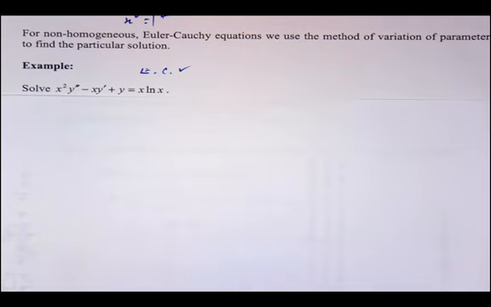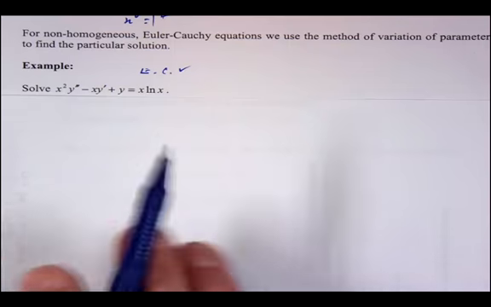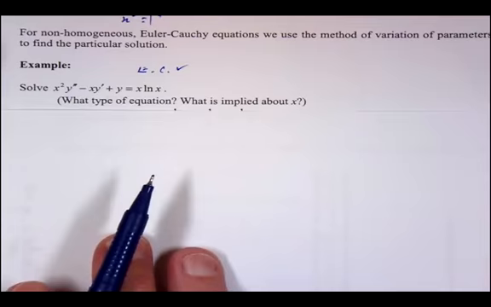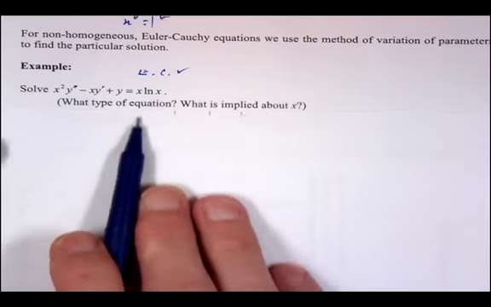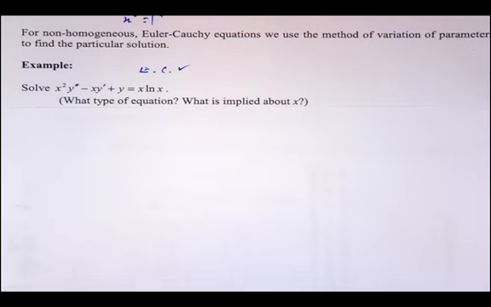But the main reason is you can only use the table of undetermined coefficients with the non-homogeneous constant coefficient case. That's the one you use the lambda method to solve the homogeneous case. All right. So what type of equation? Euler Cauchy. What does the equation tell us about x?